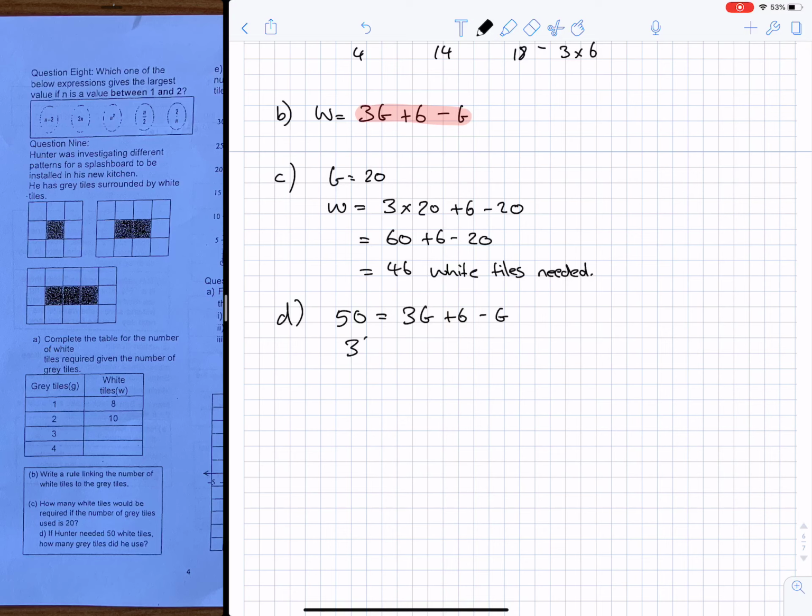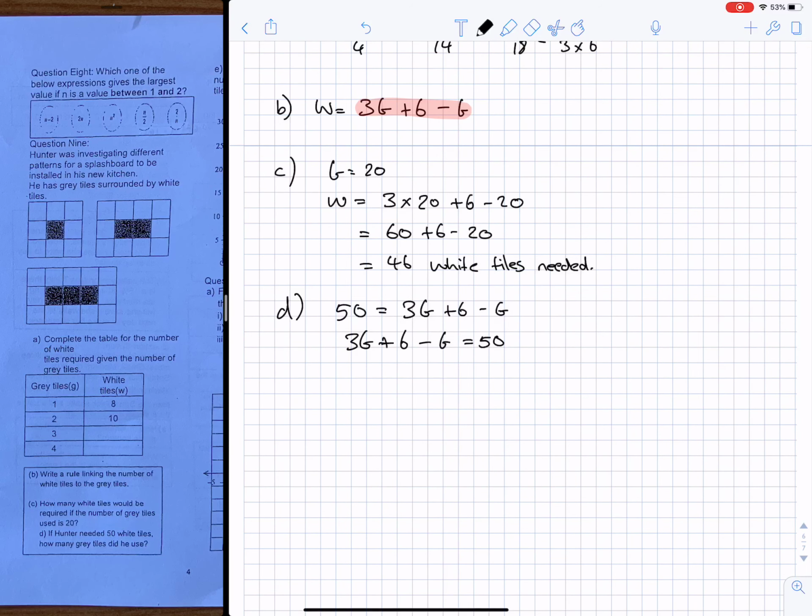So 3G plus 6 minus G equals 50. So 3G minus G is 2G equals 50 minus 6. 2G equals 44. G equals 44 divided by 2, and G equals 22. So you'd need 22 grey tiles.